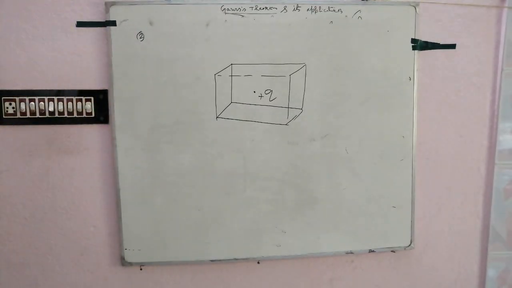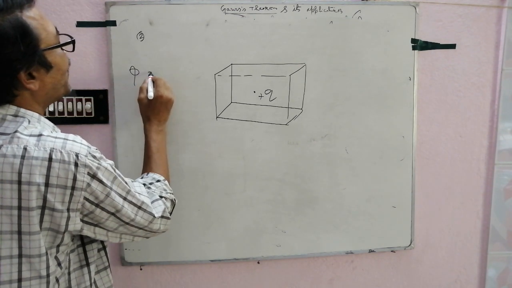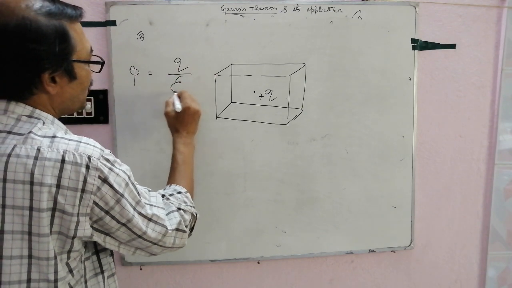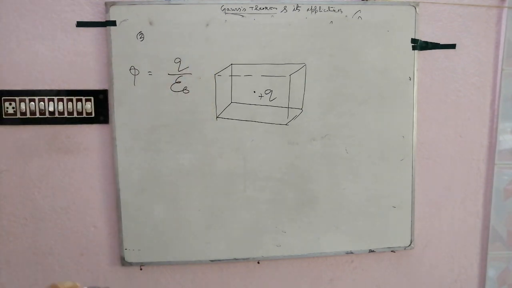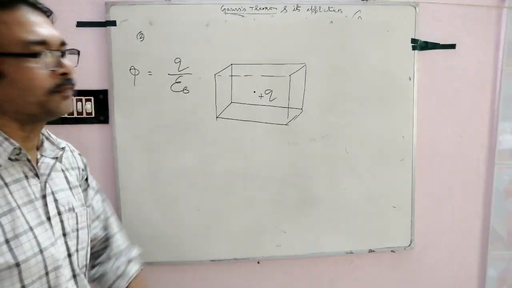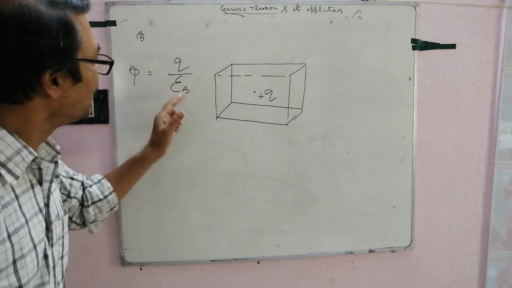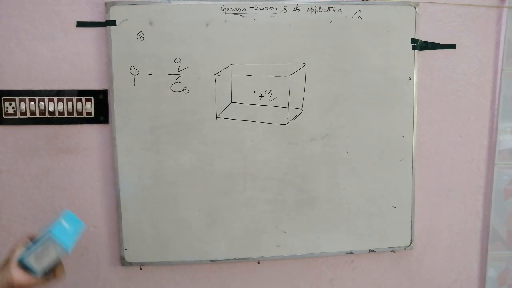According to Gauss's theorem, the total flux phi equals q by epsilon naught. So the question: if a point charge plus q resides at the center of the cuboid, then (A) the total flux coming out through the 6 faces is q by epsilon naught.